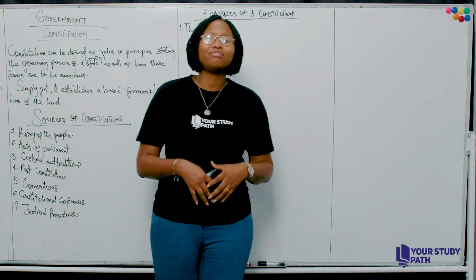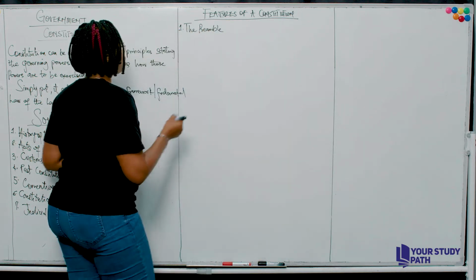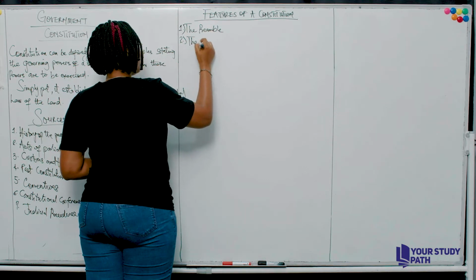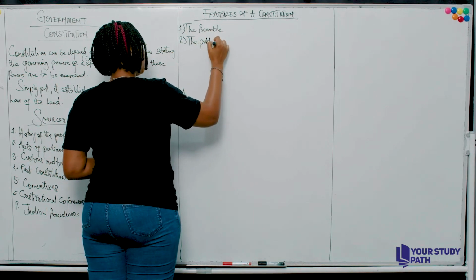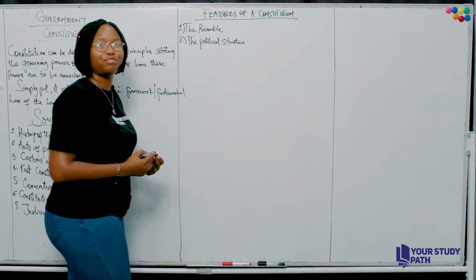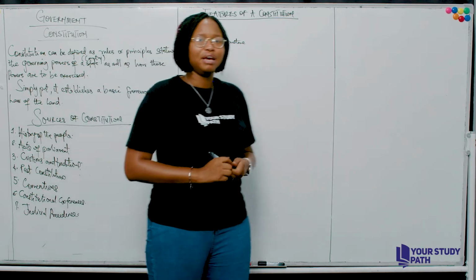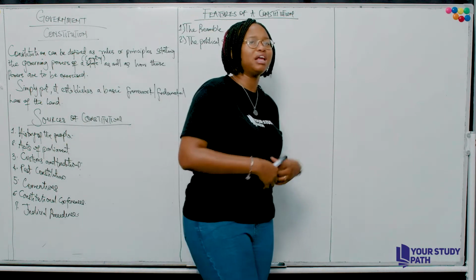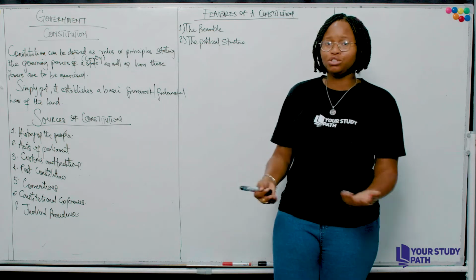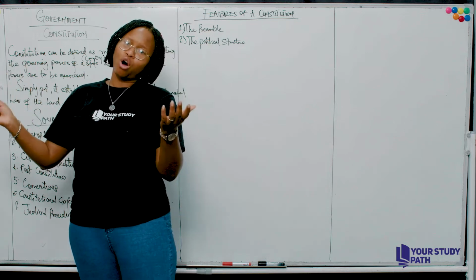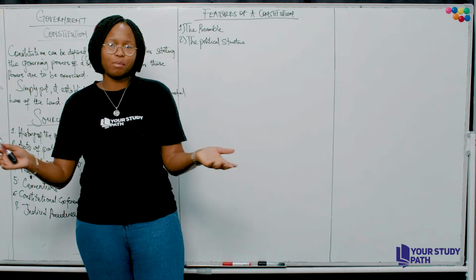Beyond that, we have the political structure of a state entrenched within the Constitution. This is equally very, very important. Within the Constitution, it defines whether that country is practicing federalism, a unitary system of government, or even, uncommonly, a military system of government.